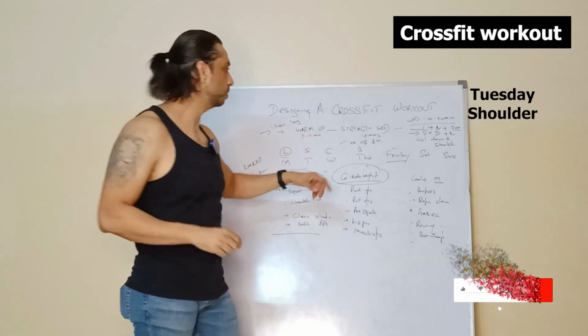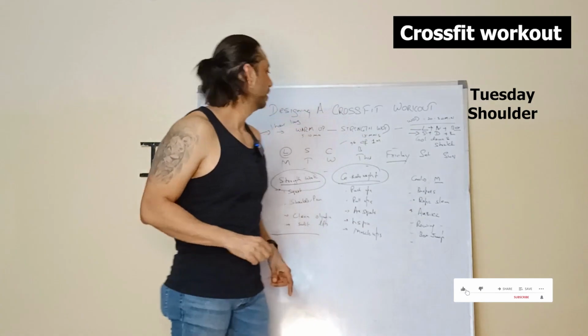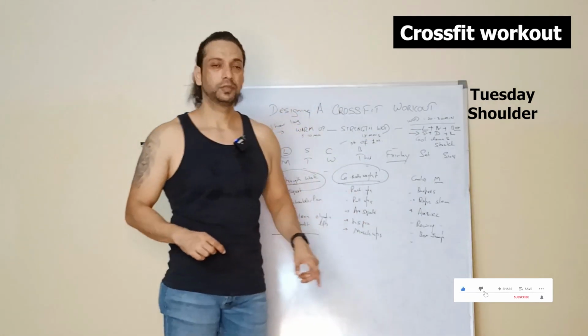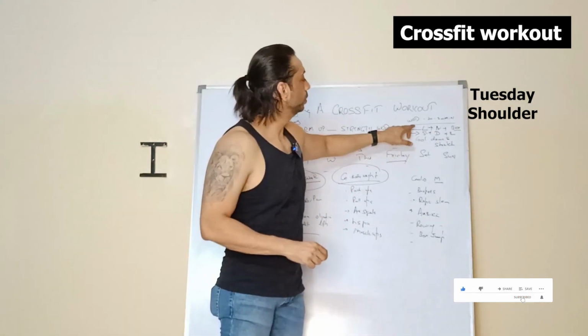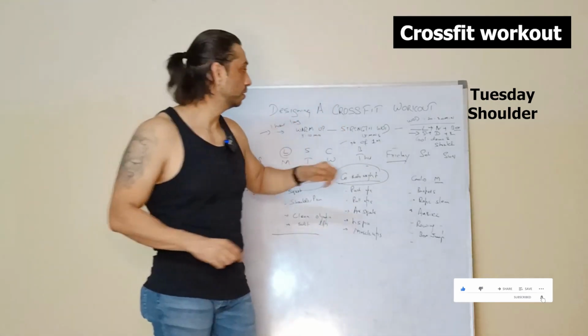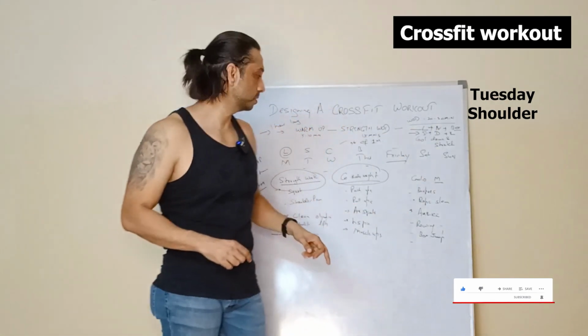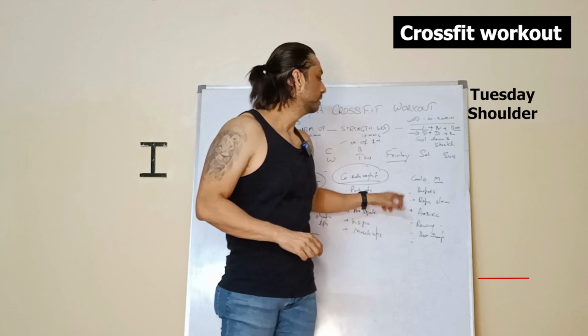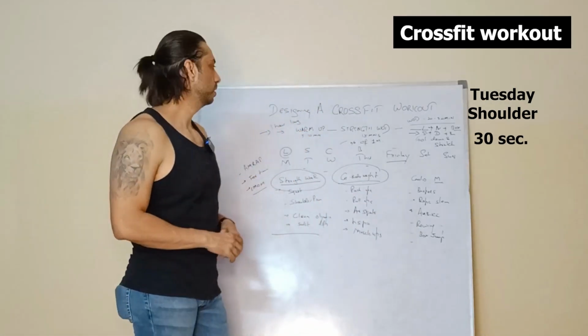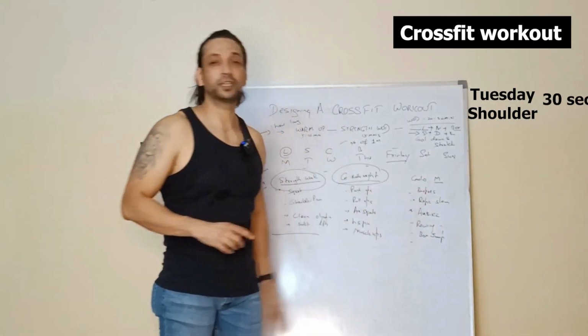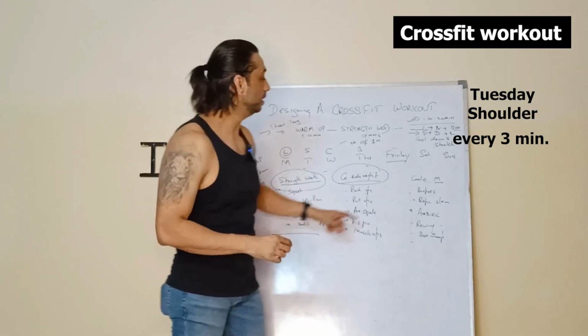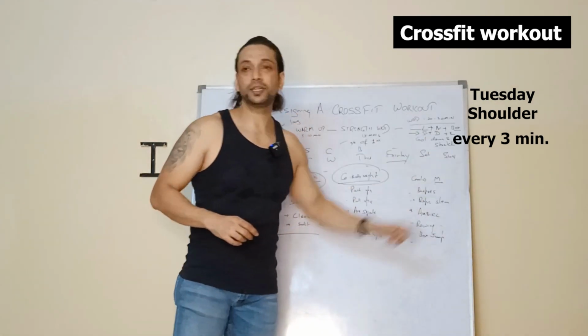Again, it's a shoulder dominant movement, followed by something like a wall climb. So let's say we do 10 power snatches followed by 5 wall climbs, and then 30 seconds of rope slams. We try doing this every 3 minutes, 1 round, for 30 minutes, 10 rounds.